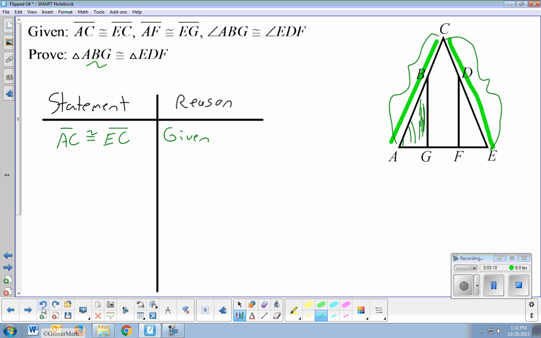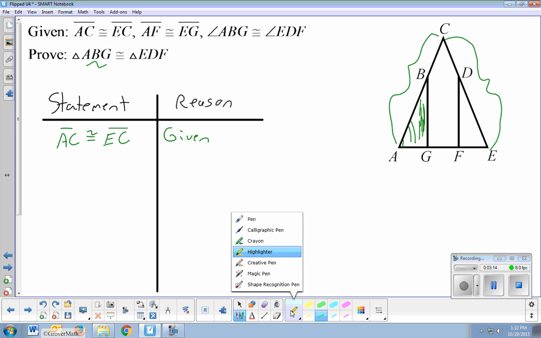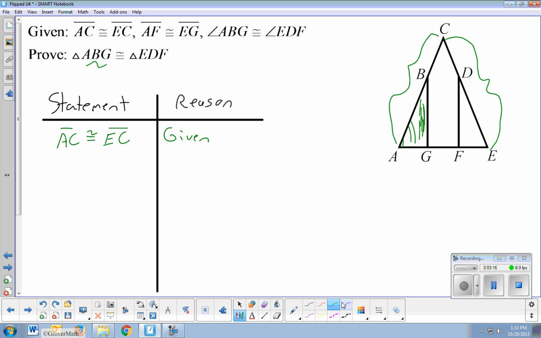Whenever you're given two sides of a single triangle congruent, it's almost always trying to hint towards the isosceles concept that we're talking about here. So the fact that AC and CE are congruent means that this whole triangle is isosceles.